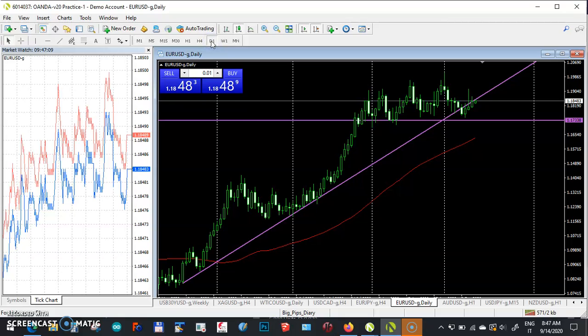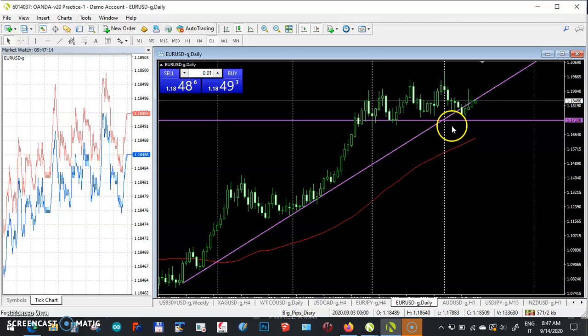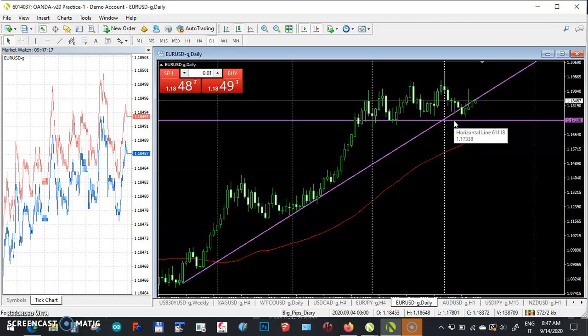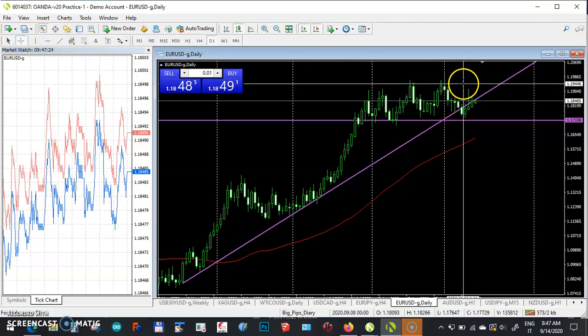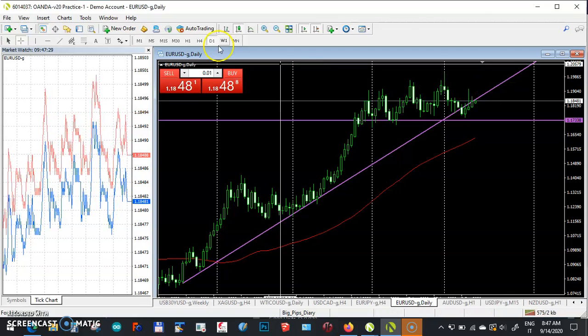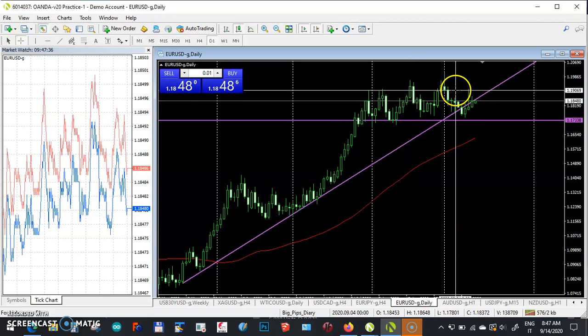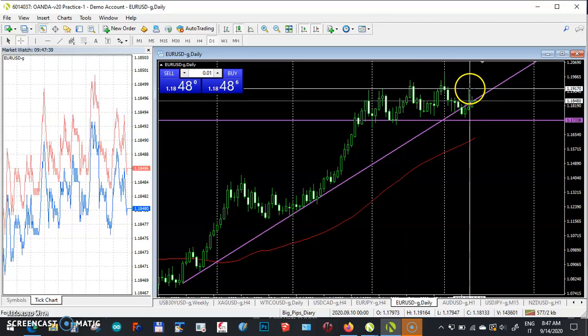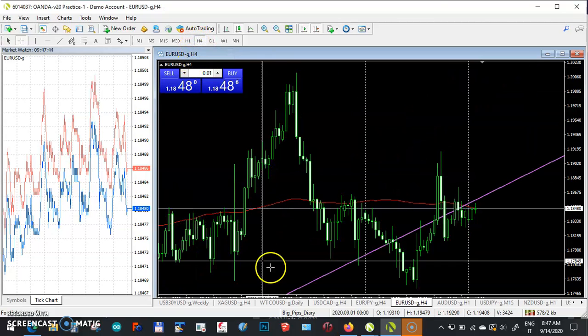The daily confirms a trading range between 1.17 here and 1.95, and therefore we are in the middle of this trading range, and there's already been a week in the upper side of this trading range. I'm going to see the H4, the 4-hour.